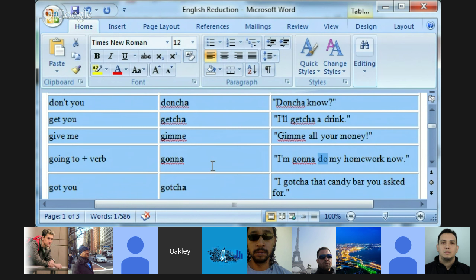So, if you're using present continuous, for example, I am going to Spain, you cannot reduce it. Going is now the main verb. Am is the auxiliary, and the present participle form with the ing is the main verb. You cannot reduce it. You cannot say, I'm gonna Spain.